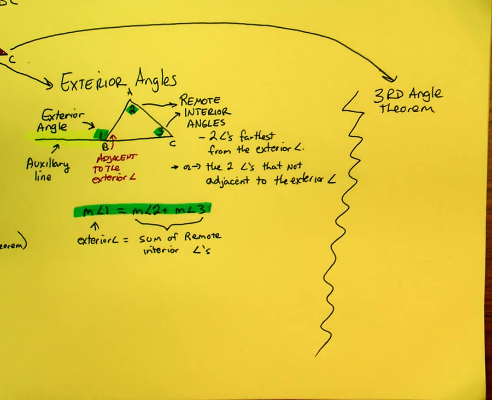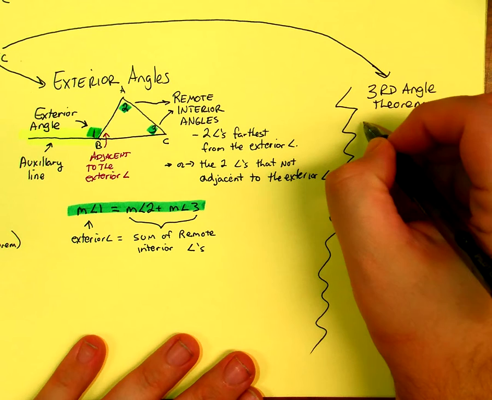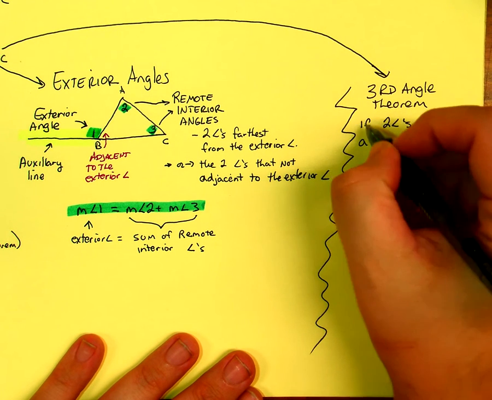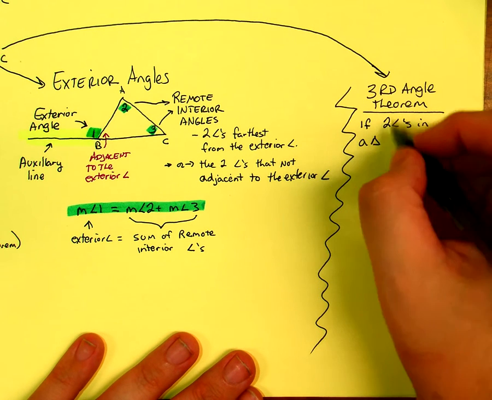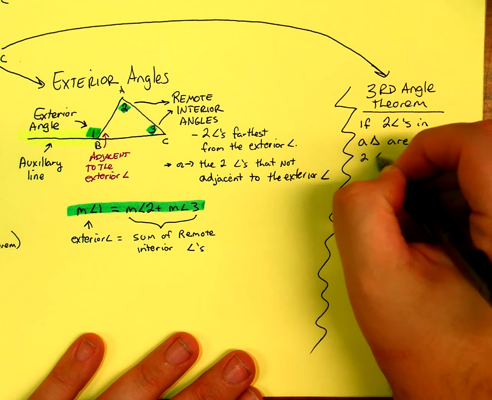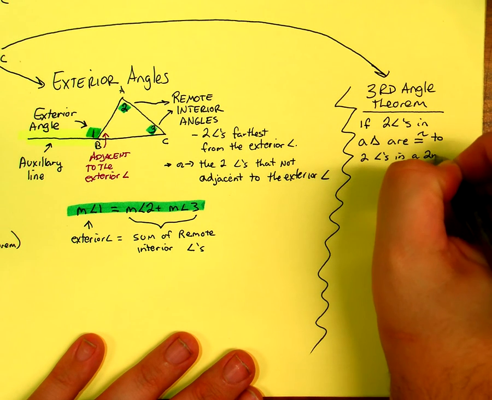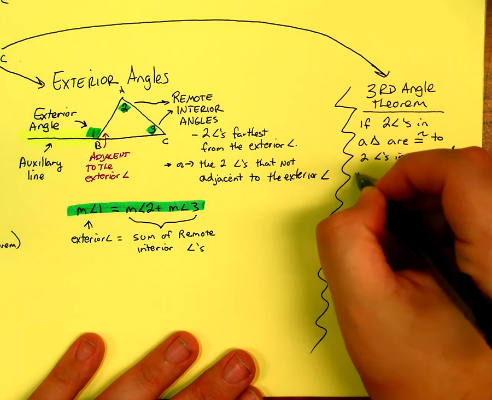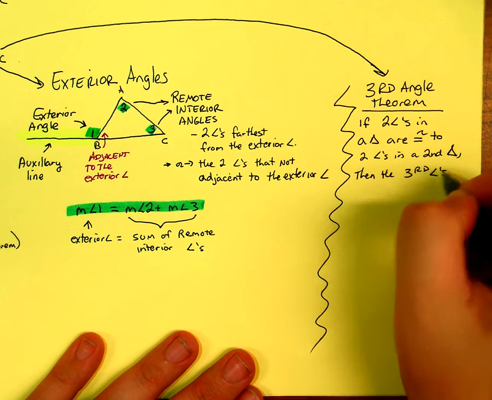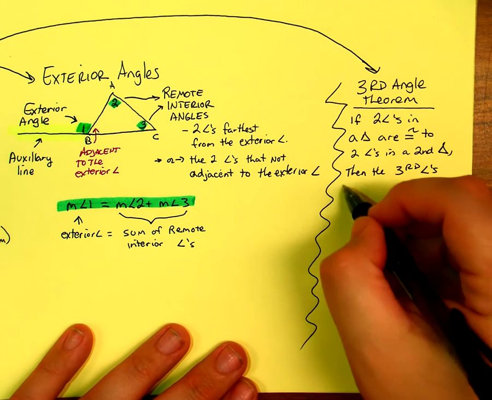The last bit that I wanted to talk about is something called the third angle theorem. And it says if two angles in a triangle are congruent to two angles in a second triangle, then the third angles in each are congruent.